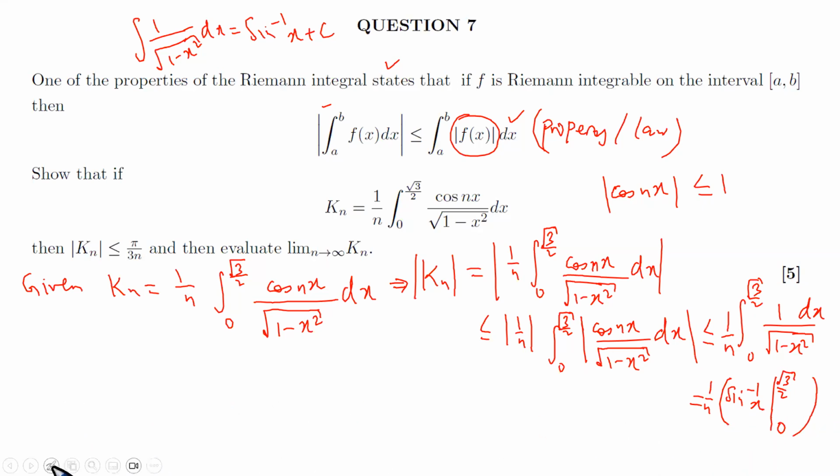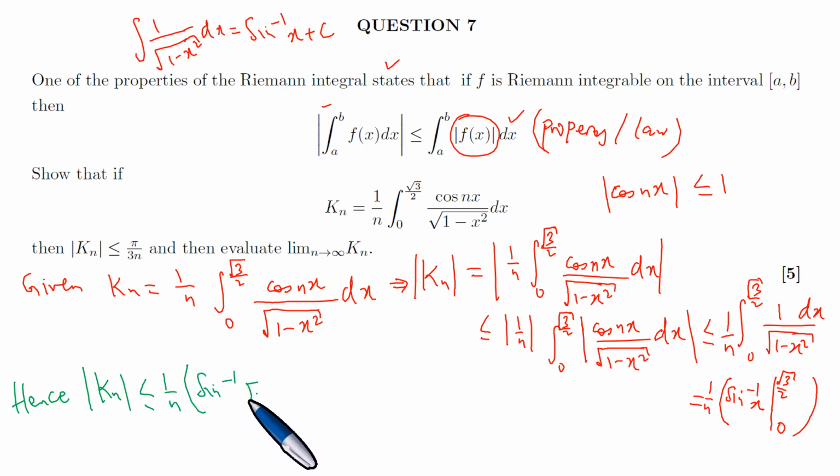Right. So thus, hence, you have this one. Square root of 3 over 2. You substitute the limits of integration, arcsine of 0. And this is less than or equal to.